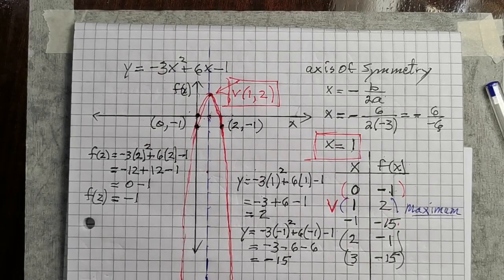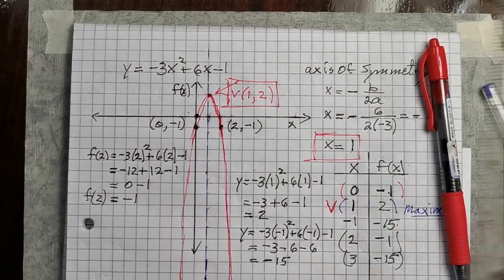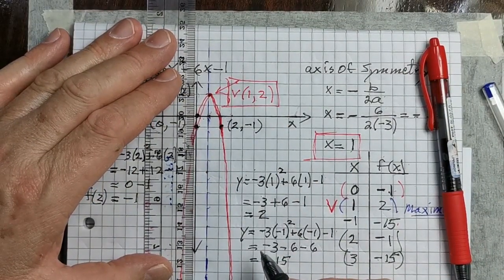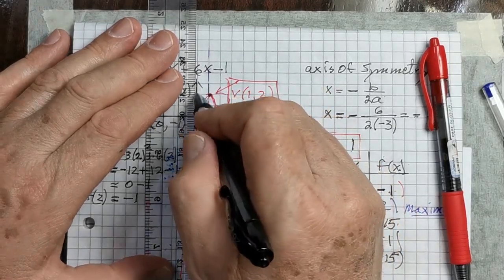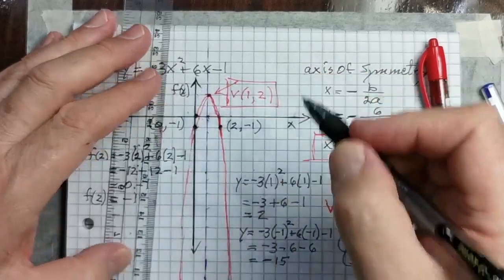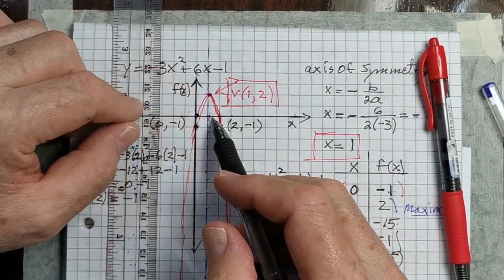Where does this graph cross the y-axis? Well, the y-axis is the axis here that's in black. It's this guy right here. I wish I had something a little more prominent, but I think you can see this. This is my y-axis. Where does the graph cross the y-axis?